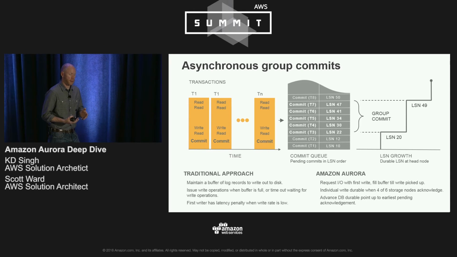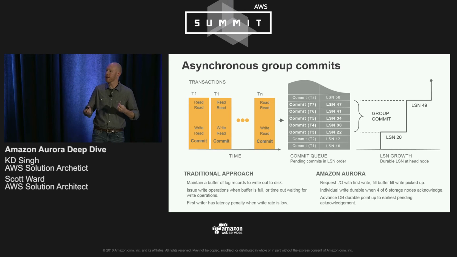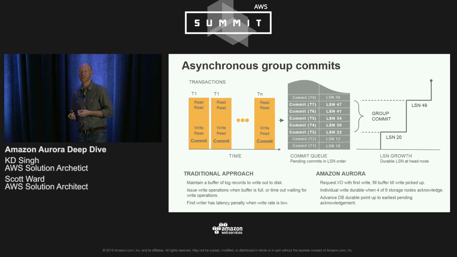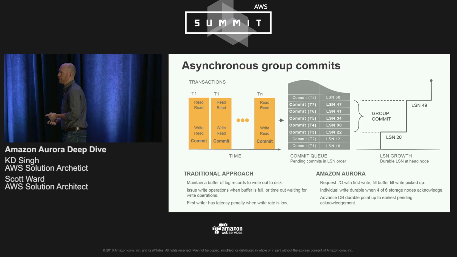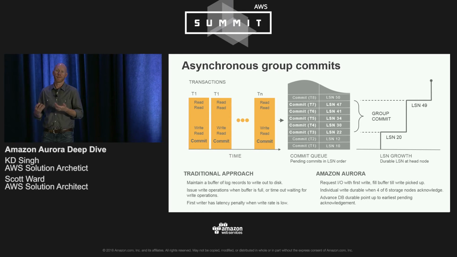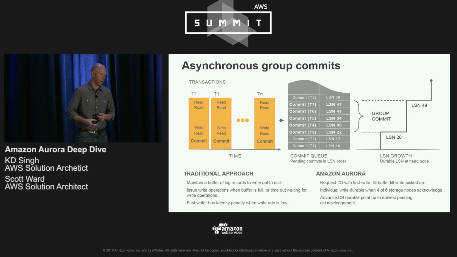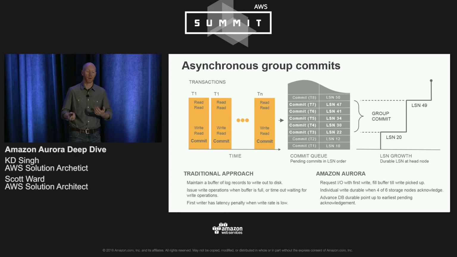The problem with that is that whoever is the first writer into that new buffer will get a latency penalty. If not enough transactions come in, or if that buffer doesn't fill up fast enough, they're stuck waiting until the actual timeout flush happens, which is not their fault. They didn't do anything. They just happen to be that first writer into that particular buffer. So there's a penalty that naturally exists with that approach.